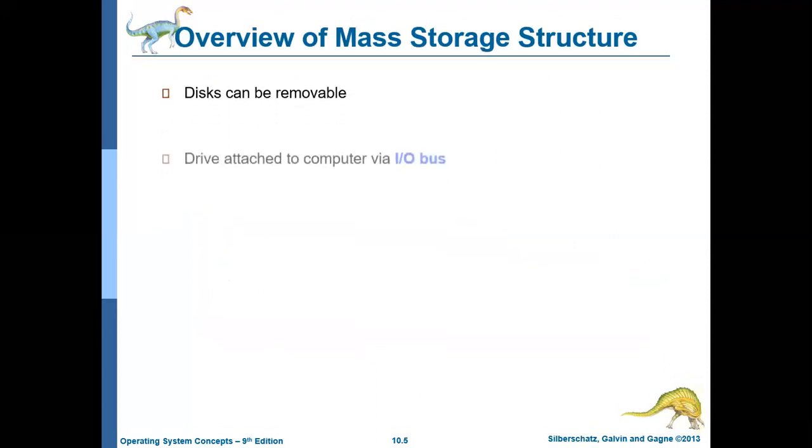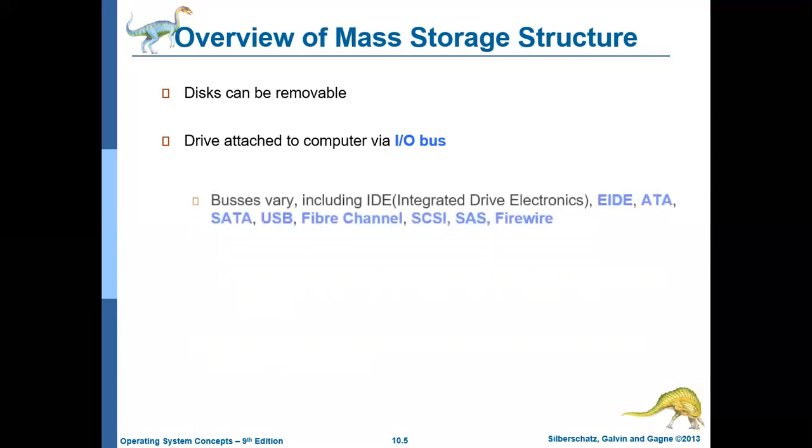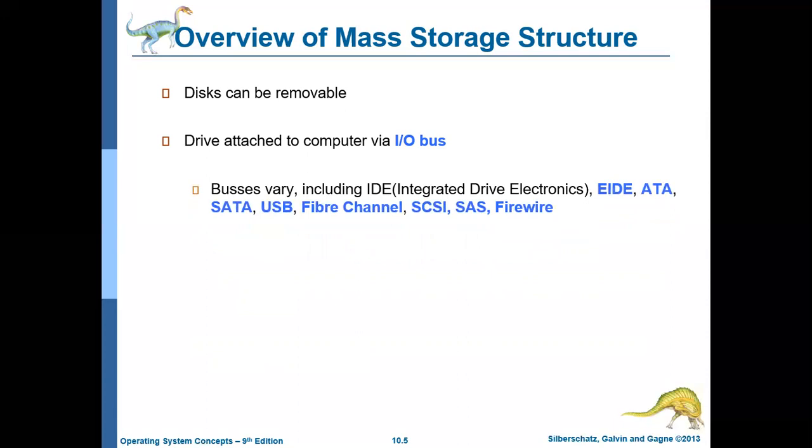Fine. So the disk can be removable, and the hard disk drive is attached to the computer via different I/O buses. The commonly used I/O buses are IDE, which is integrated drive electronics, one of the technologies used to connect a hard disk to a computer.